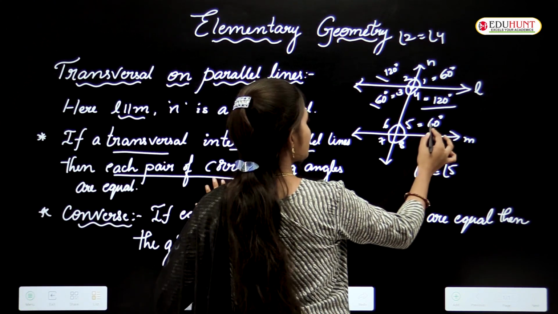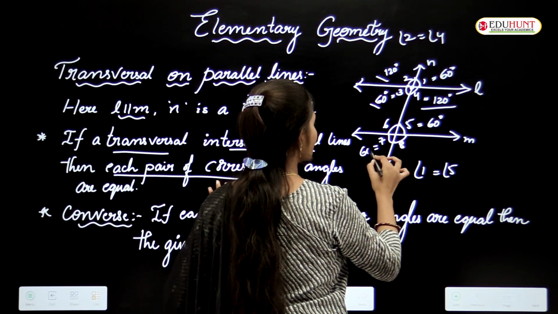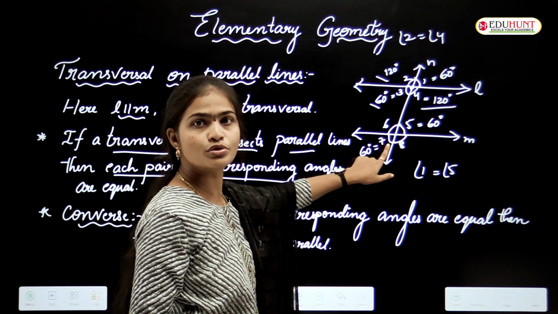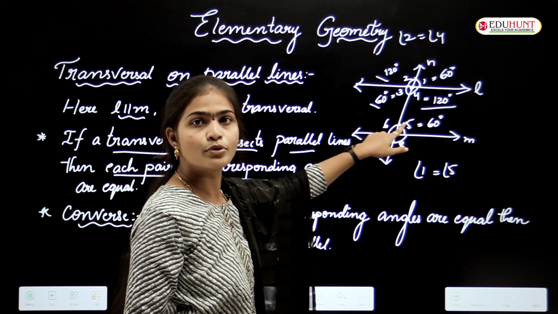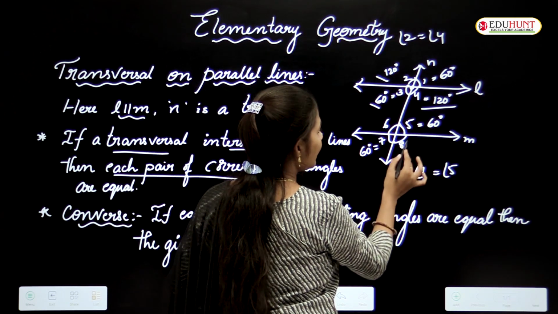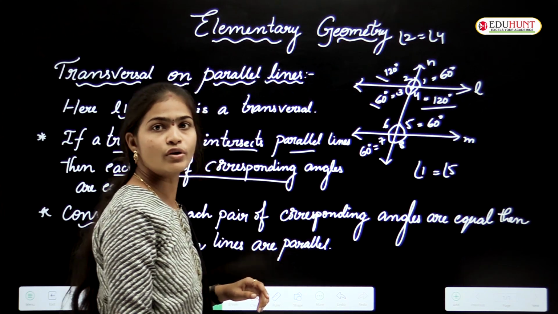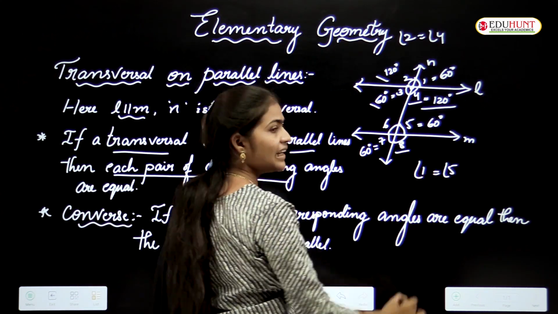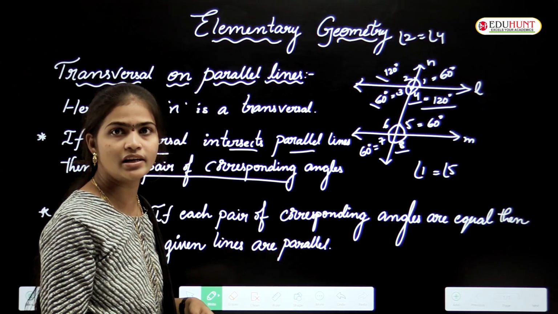So this is 60 degrees, and here angle 7 is also equal to 60 degrees. Why? Because angle 5 and angle 7, those two are vertically opposite angles. Now here this is 60, and angle 5 and angle 8 form a linear pair. Or else angle 4 and angle 8, those two are also corresponding angles only, no?